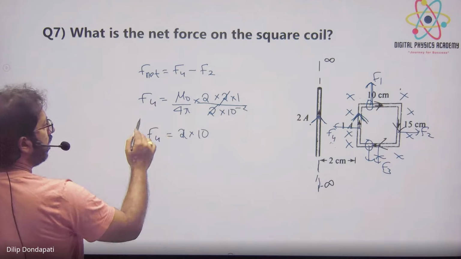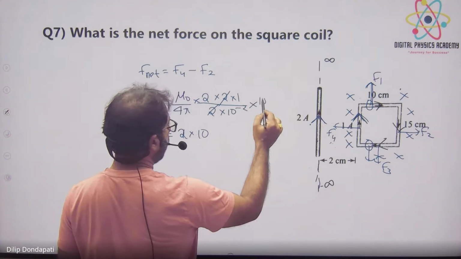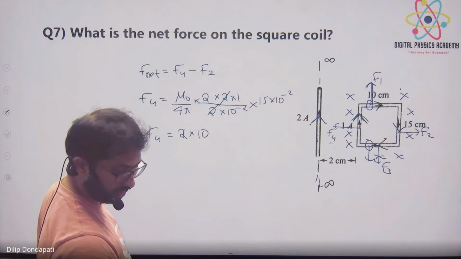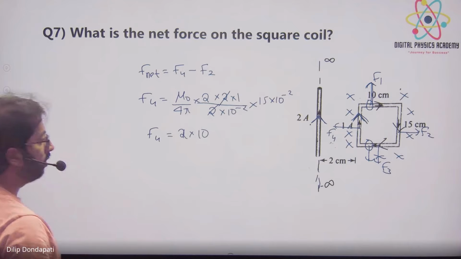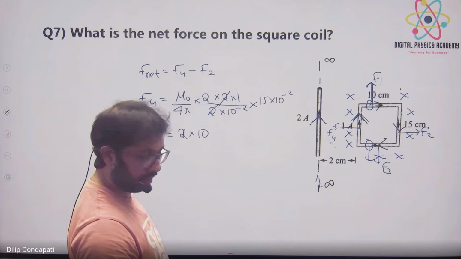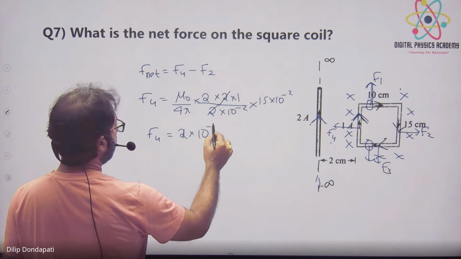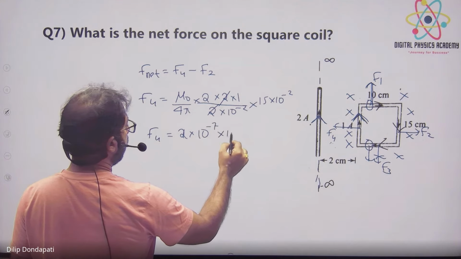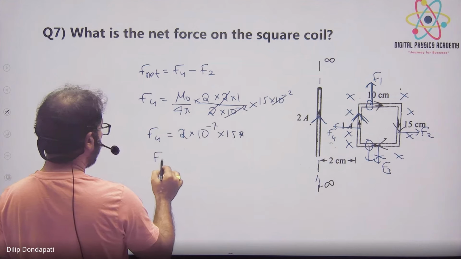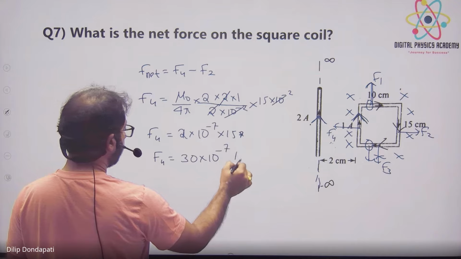Okay, force one, right? Into length. Length is how much? This length is 50 centimeters, 15 into 10 to the power of minus 2. Calculate, how much will come? So 2 into 10 to the power of minus 7 into 15, I cancel.